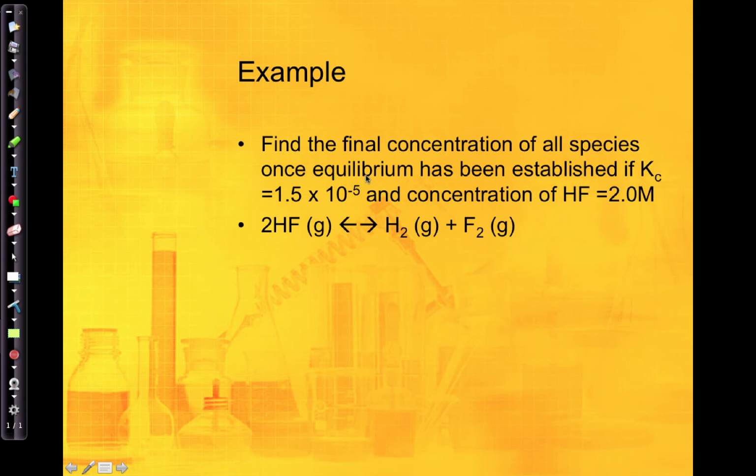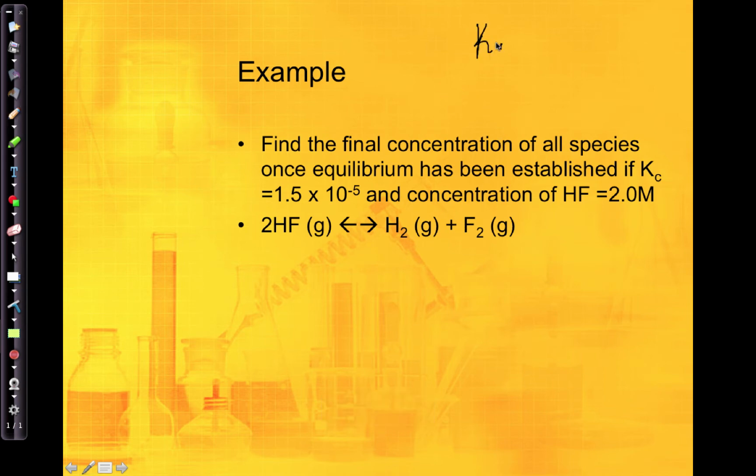Alright, so find the final concentrations of all species once equilibrium has been established, if Kc is this, and the concentration of HF is 2. So what we're going to do first is write out our Kc expression.